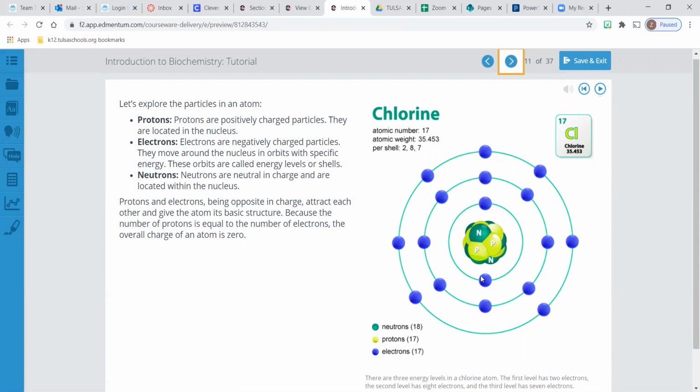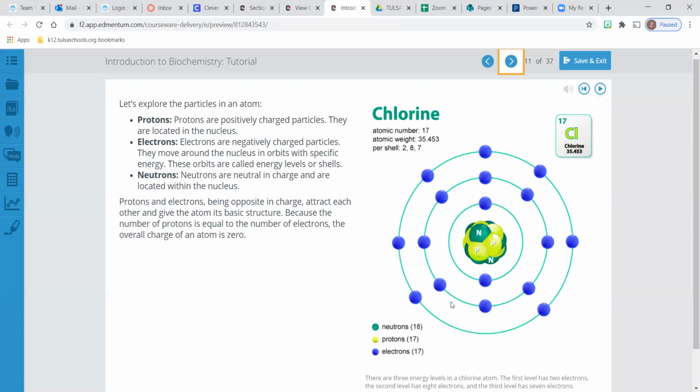Electrons are negatively charged, and they're moving around, orbiting all around the nucleus. Neutrons do not have a charge, and they're also located in the nucleus. Protons and electrons are opposite, and they attract each other. And this attraction gives atoms their structure.